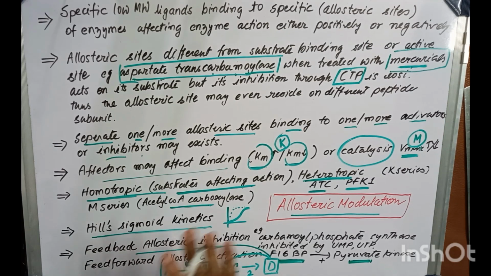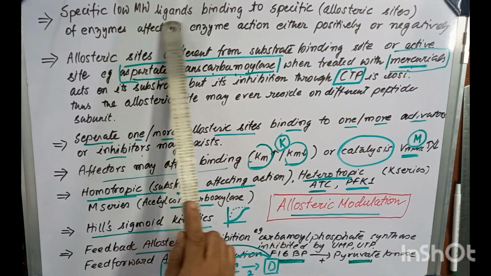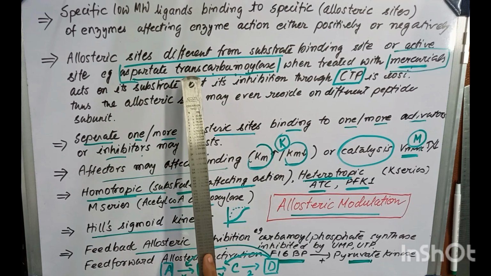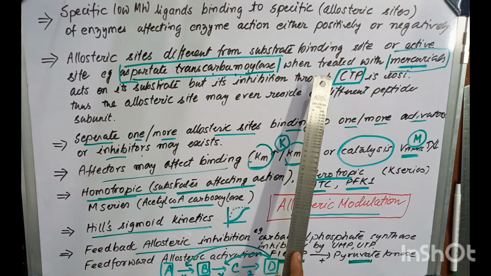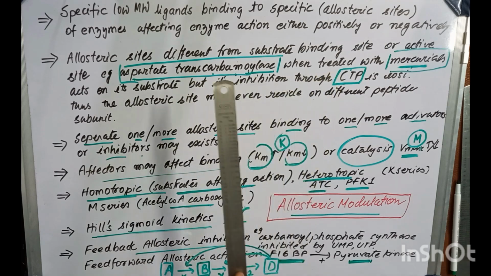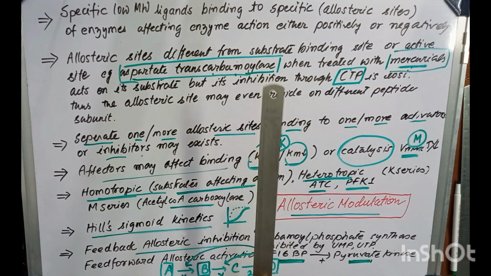So just to revise, what are the very important points of allosteric modulation? They are affected by low molecular weight ligands. These allosteric sites are different from the catalytic site, and different from the substrate binding sites. These allosteric modulators bind at different points in the enzyme to regulate it.